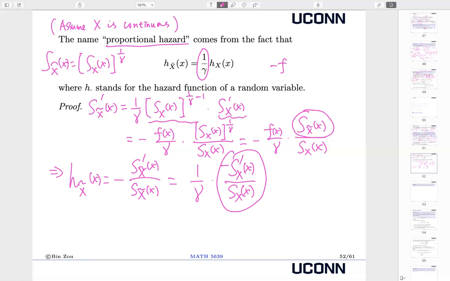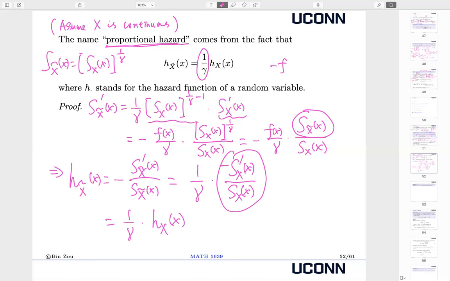This is exactly the hazard function of the original random variable. This explains why we call this the pH transform. It's the initials for proportional hazard.